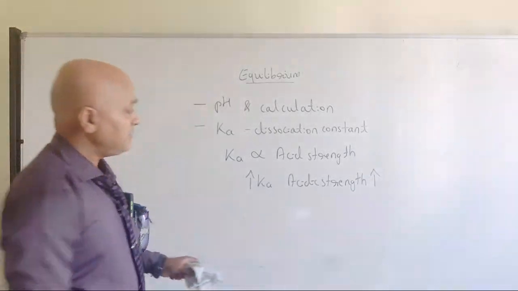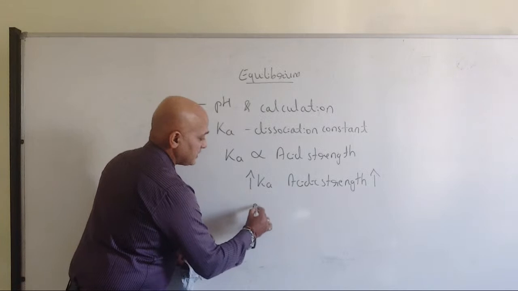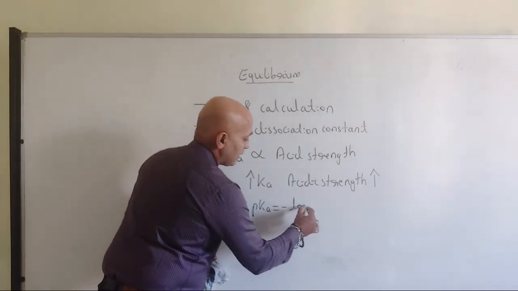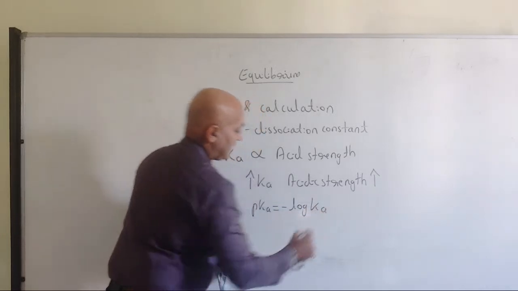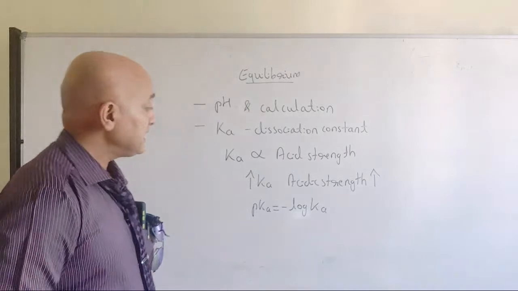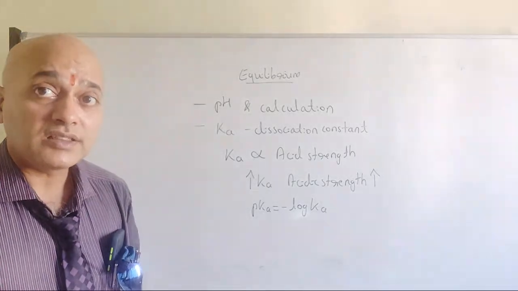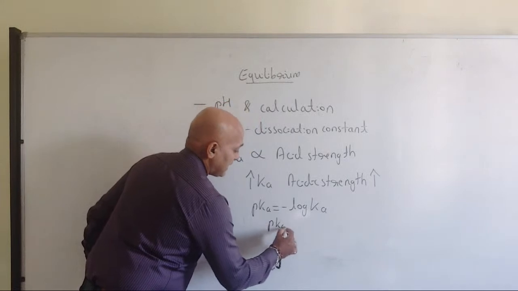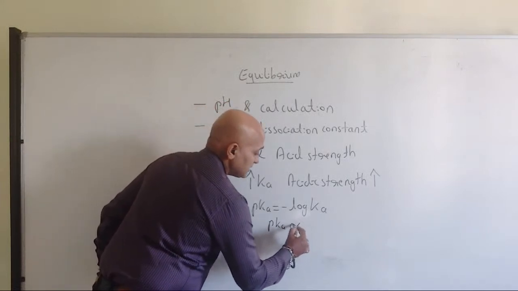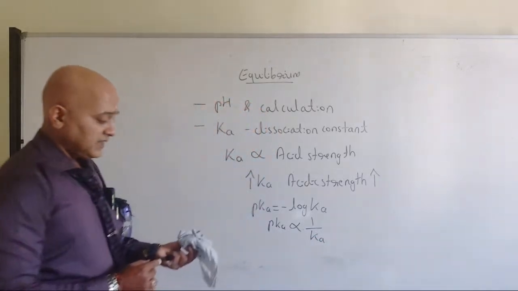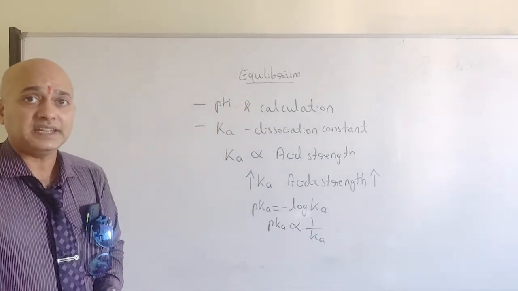Right? So we have discussed that pKa is equal to minus log of Ka. Based on that, we can tell that the pKa value and the dissociation constant value, that is the Ka value, are inversely related.